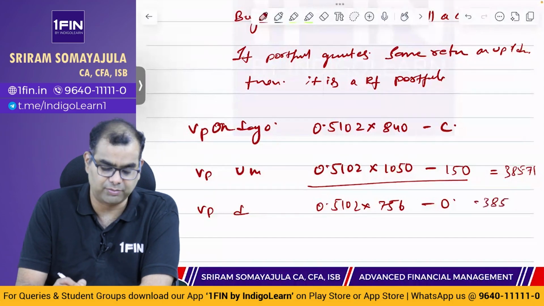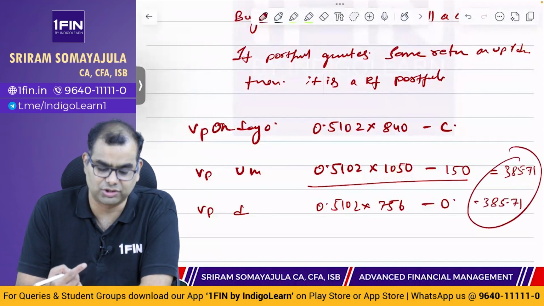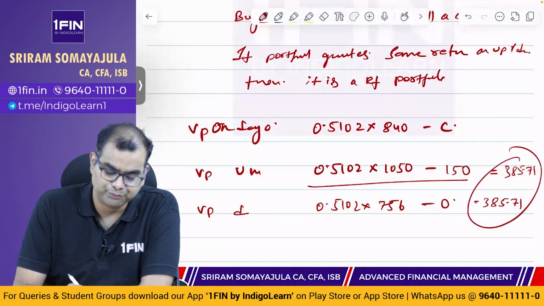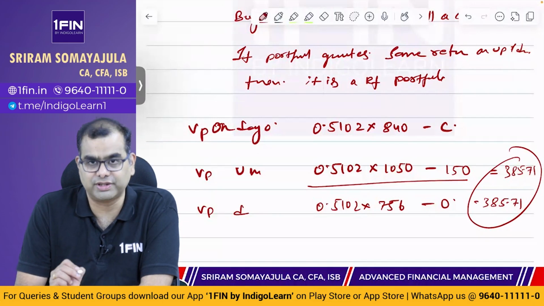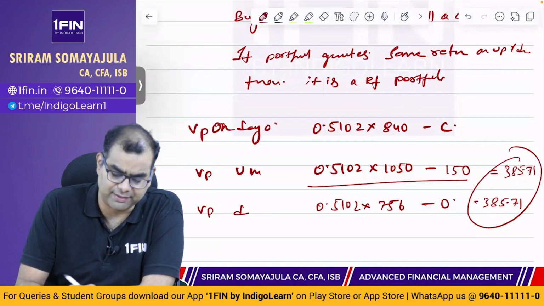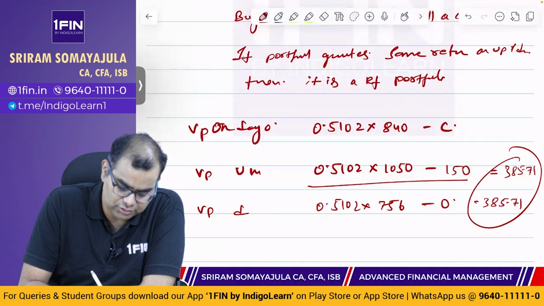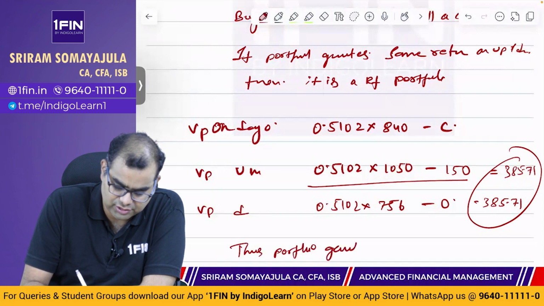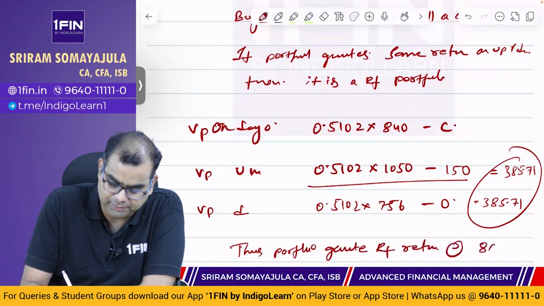So whether the stock goes up or down, if you have a portfolio of the delta shares and you have sold a call, the value of the portfolio is the same. So this portfolio generates a risk-free return at 8%.